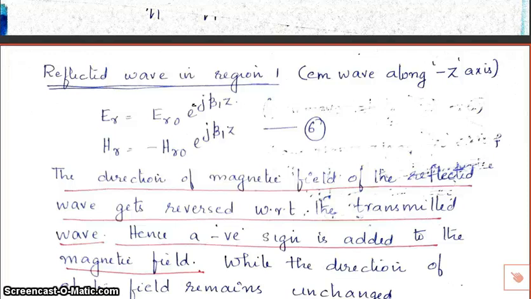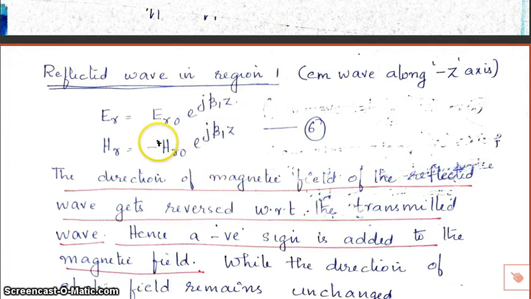That is why here the exponential term has become plus. Similarly, Hr is equal to minus Hr naught into e raised to j beta 1 Z. Here also the exponential term is positive because the reflected wave is along the negative direction.